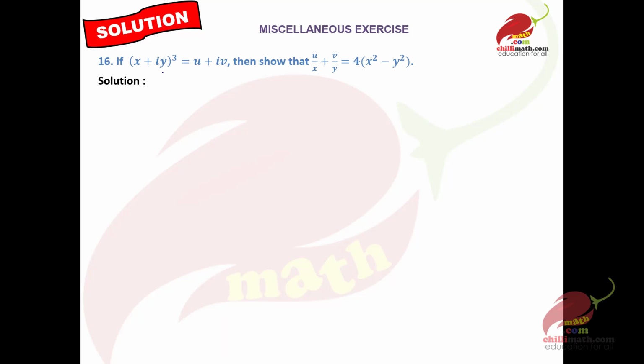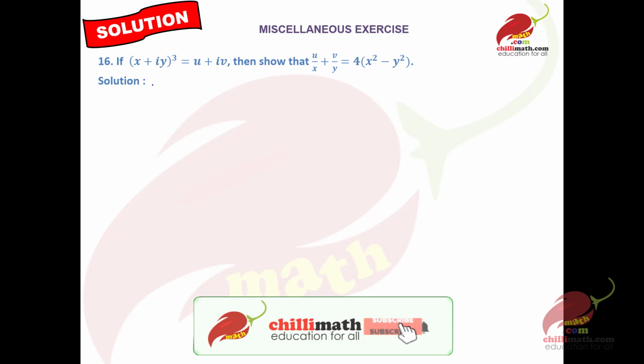16th question: (x + iy)³ = u + iv. Then show that u/x + v/y = 4(x² − y²).